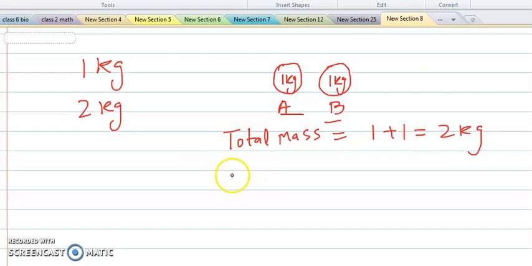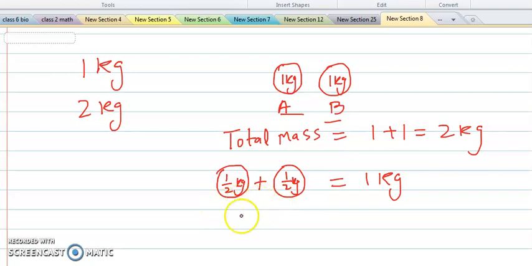Let's take another example. Let's suppose I have two bodies. One is having a mass of half kg and the other is also having a mass of half kg. Now two halves will make one full. It means half kg plus half kg will make full 1 kilogram. And if I have four objects of the mass of quarter kg, like this is 1 over 4 kg, we read 1 over 4 as quarter.